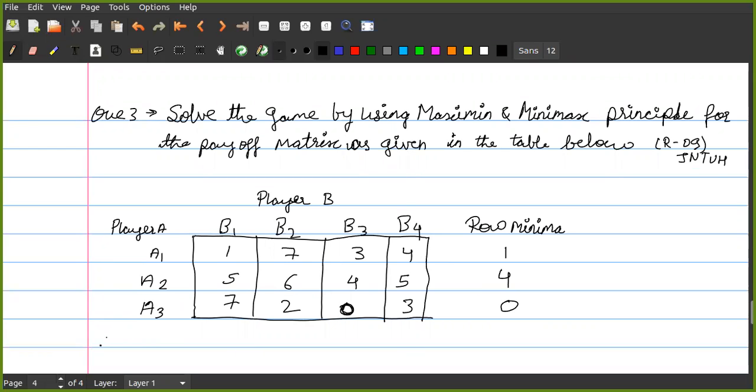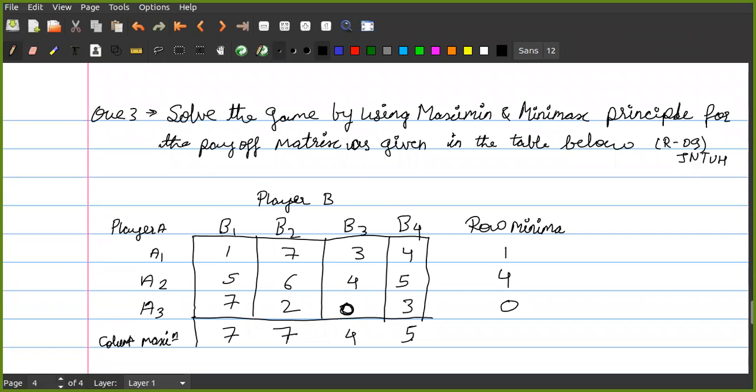Now the next step is to find the column maxima. For column maxima, what is the maximum value? 7, 7, 4, 5. Correct?